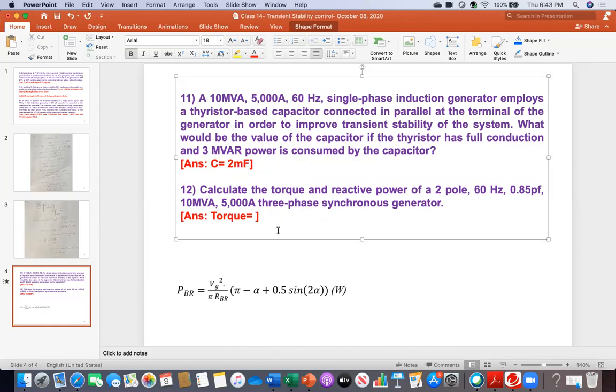So the torque value should be 22.55 kilonewton meter. And the other one, the reactive power, should be 5.27 megavar.